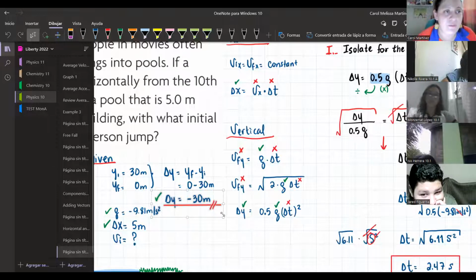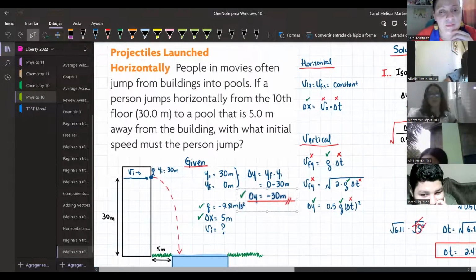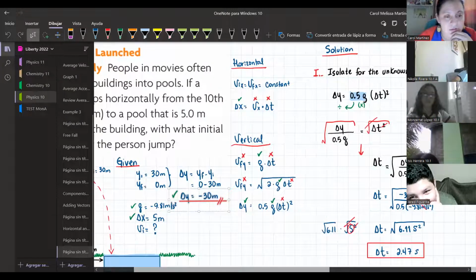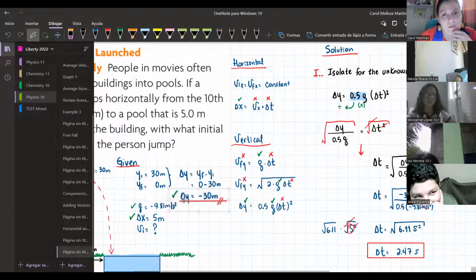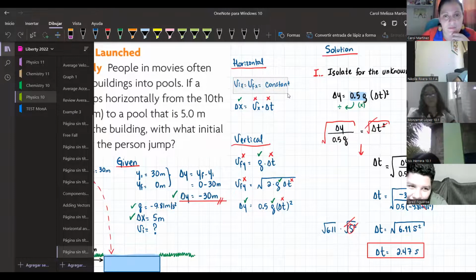But that's not what the problem is asking us to find, okay? The problem is asking us to find initial velocity. So it says initial velocity in x is equal to final velocity in x, it is constant.